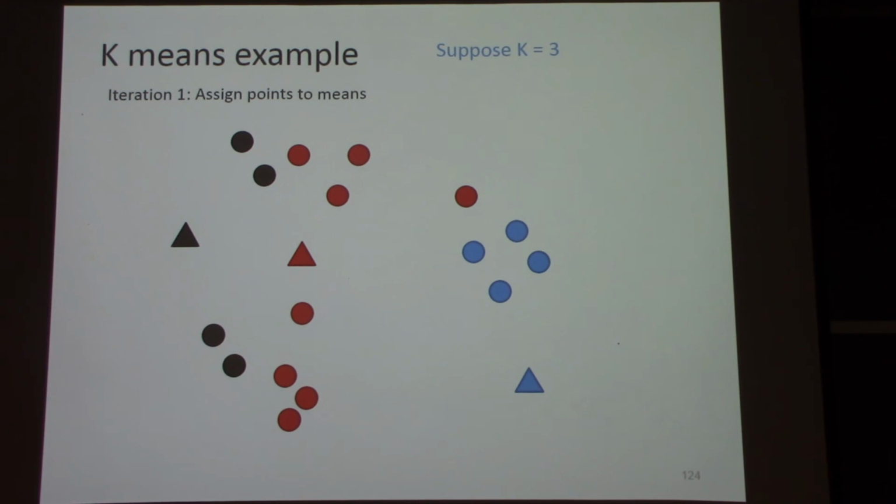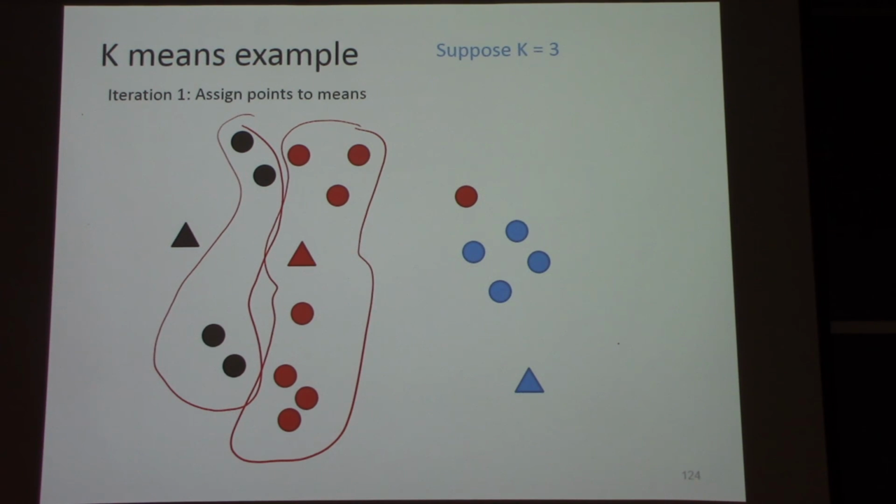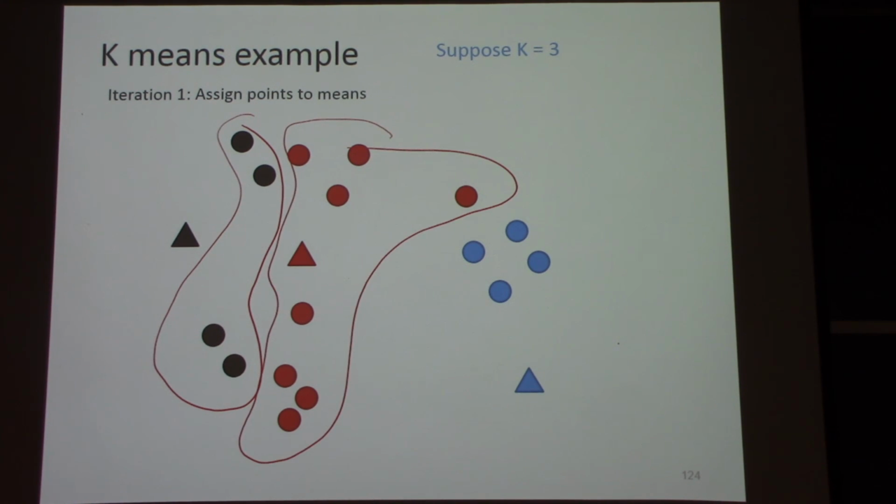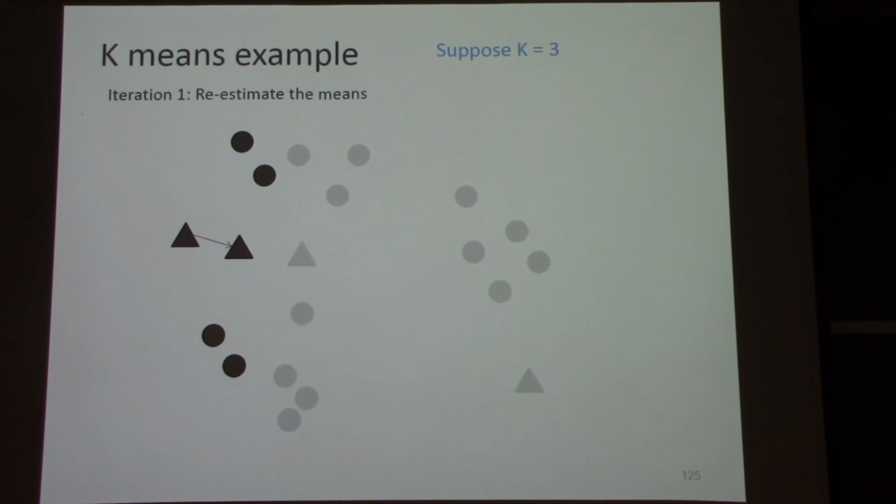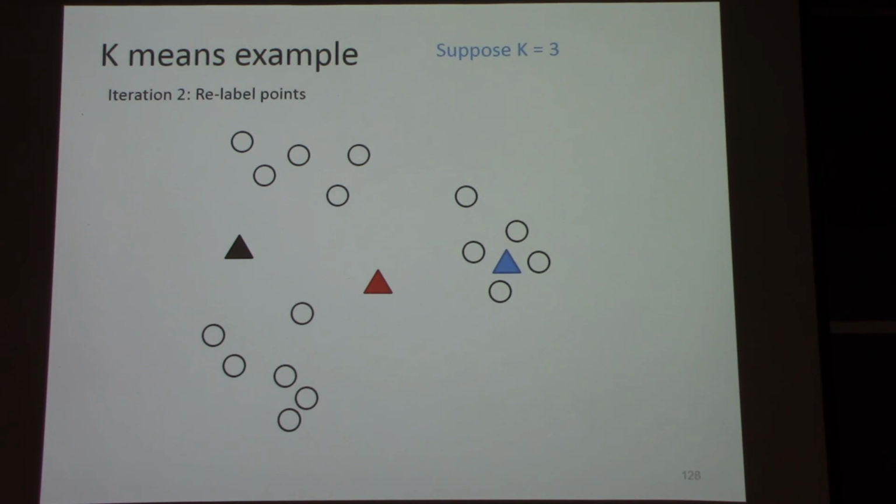Now you have a collection of points with labels, which means you can take their average. So just move the cluster centers to the average of the cluster. Okay? And now you have new cluster centers. Erase the labels of the points again and re-estimate.